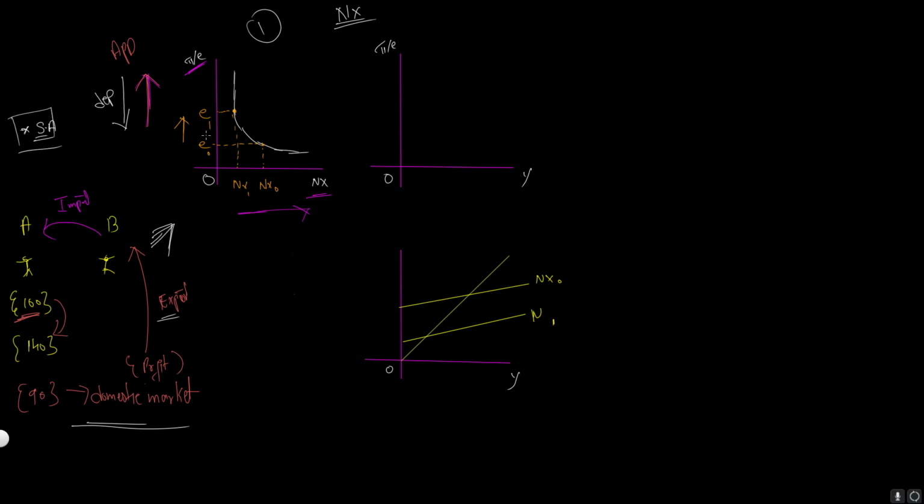Well, how will that have an impact on the Keynesian cross? On the Keynesian cross, when our currency appreciates, our net exports, which are represented by NX0 and NX1, are going to decline. This is, by the way, a general rule of thumb you have to keep in mind. It's an acronym that is used in a lot of textbooks. Maybe you might have gone through that in your high school. VDEC.